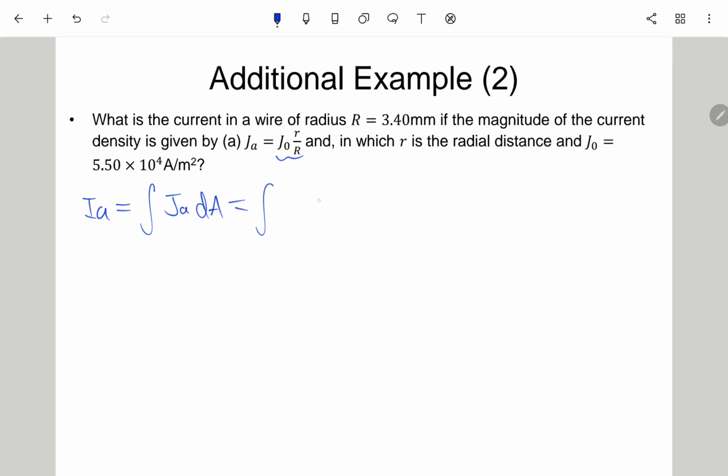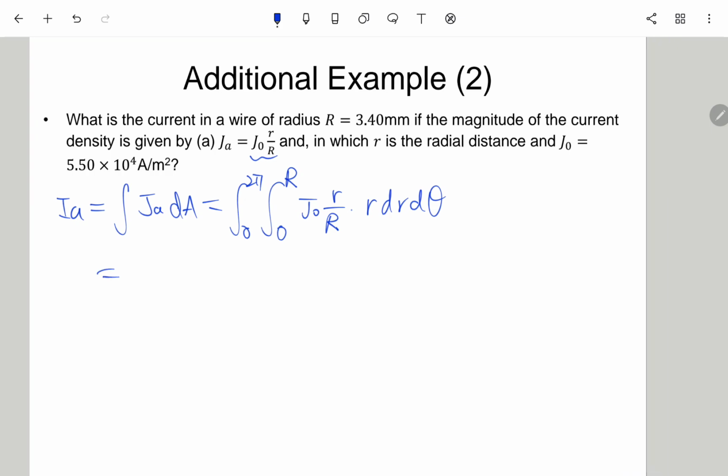So we have an integration of JA, which is J0 times small r over capital R, and then dA, if you still remember, is dr d theta. So dr should be from 0 to capital R, and then theta should be 0 to 2 pi for a whole circle in the polar coordinate.